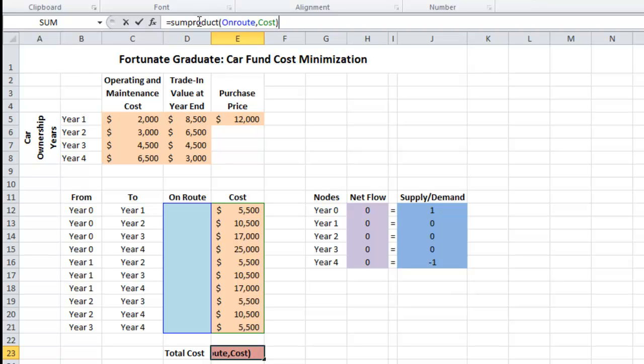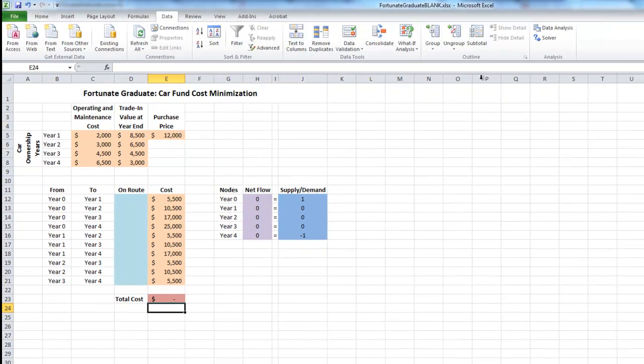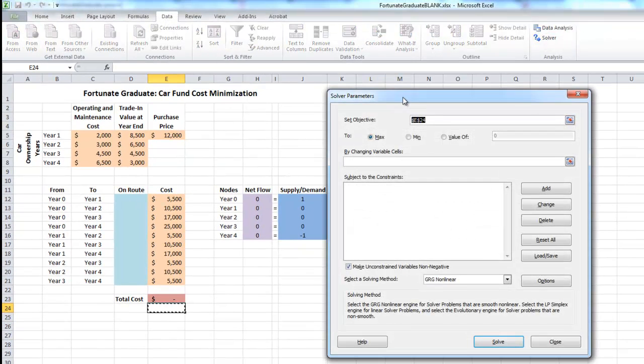That just tells us that we're in the right place. So we'll go ahead and hit enter, and that's it. Once we find the cost, it will give us a cost in dollars down there at the bottom, and that will be once Excel, using the Solver, finds the values for on route, which we're going to do right now. So let's go up to Data and Solver.